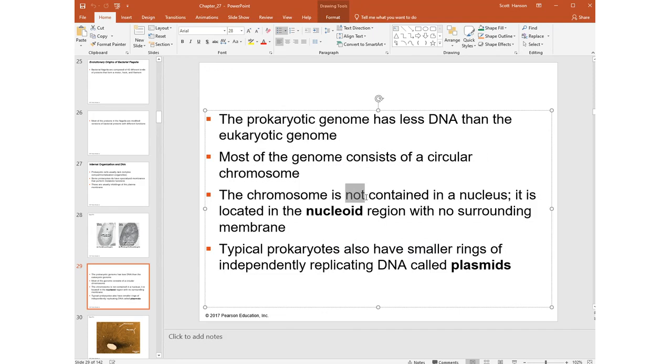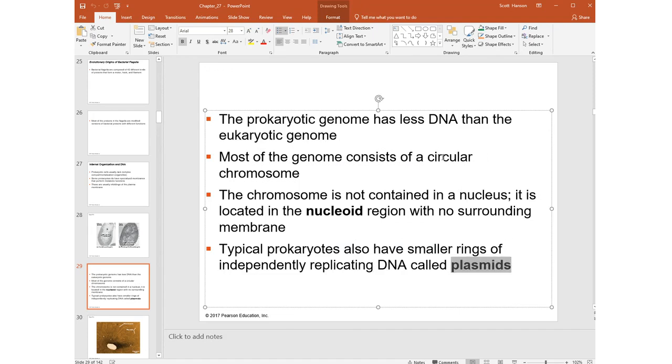This chromosome is not contained in a nucleus in the prokaryotes, but it is located in an area called the nucleoid region of the prokaryotic cell, without a surrounding membrane. Typical prokaryotes also have smaller rings of independently replicating DNA called plasmids.